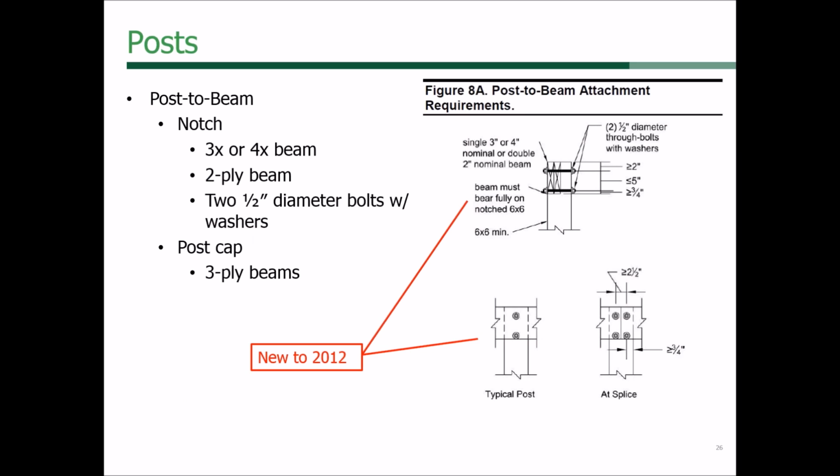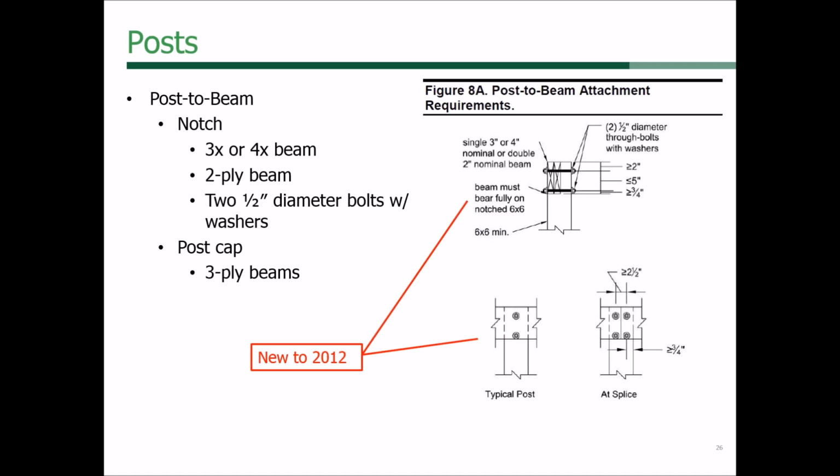Okay, so the beam to the post. We encourage notching. The DCA6 says you should notch it just because we want bearing, especially for wet service conditions. You can imagine that those bolts just don't have much capacity, and we kind of want a belts and suspenders type of system where it's a direct bearing and makes good contact.